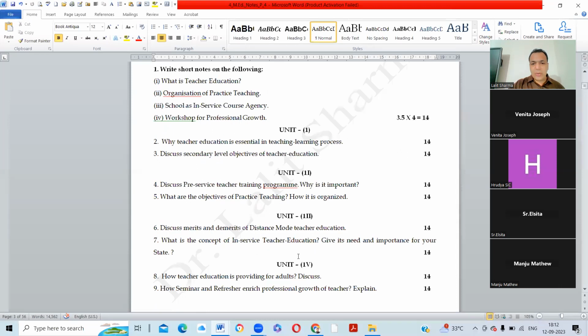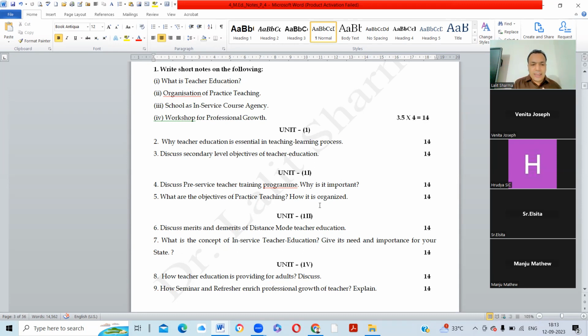Then again, Units 1, 2, 3, 4. Under Unit 1, two questions came: why teacher education is essential in the teaching learning process, and discuss secondary level objectives of teacher education. Both are simple, very easy. Under Unit 2, discuss the pre-service teacher training program, why it is important; and what are the objectives of practice teaching, how it is organized.